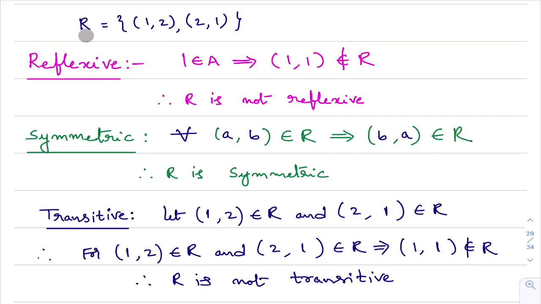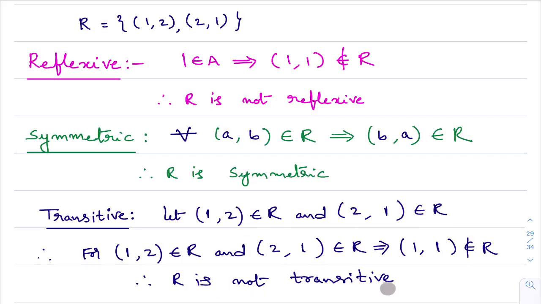What is (a, c)? (a, c) is the ordered pair (1, 1). You observe this relation. In this relation, ordered pair (1, 1) is there? No, ordered pair (1, 1) is not there. That means we are able to identify (a, b), (b, c) in the relation, but (a, c) is not in this relation. So this is enough to say this relation is not transitive.